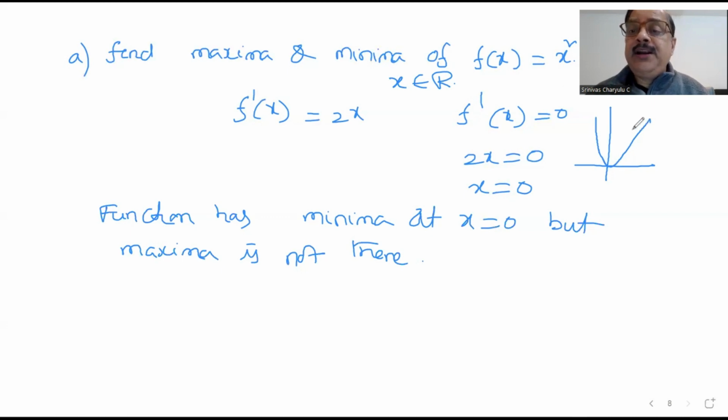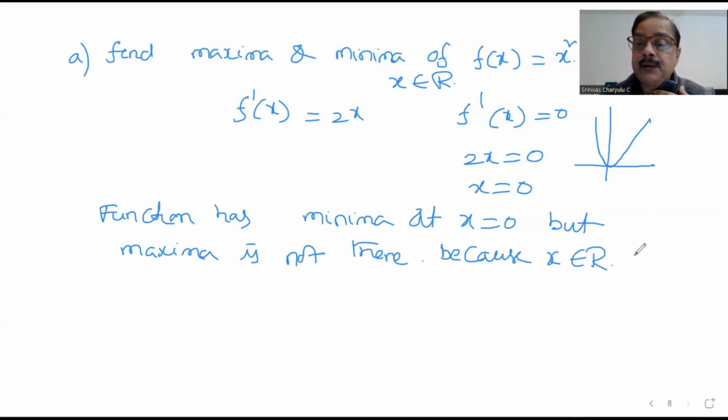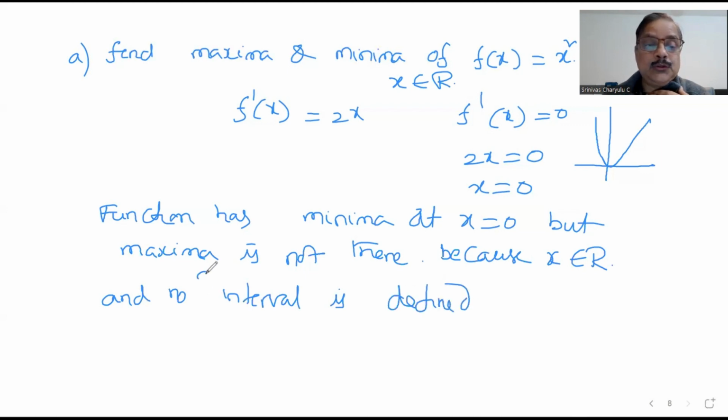If it is not defined in any particular bounded interval, then we cannot get a maxima here. This maxima is not there because x belongs to R and no specific interval is defined. So minus infinity to plus infinity we can take.